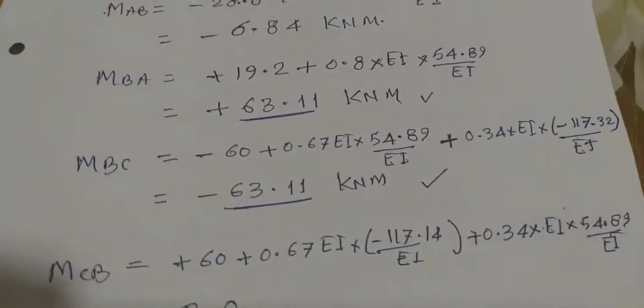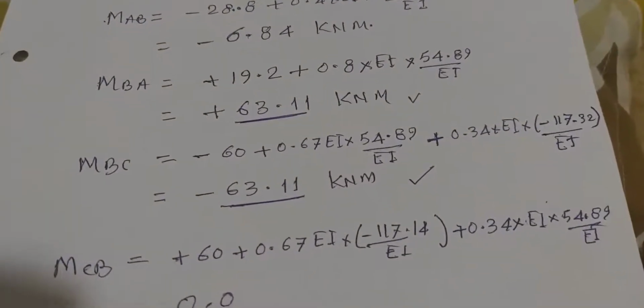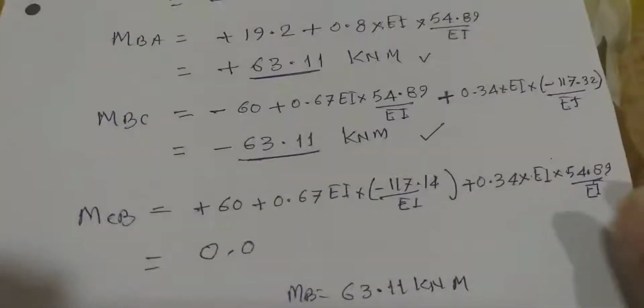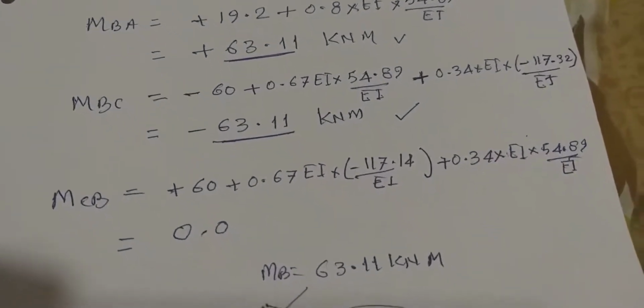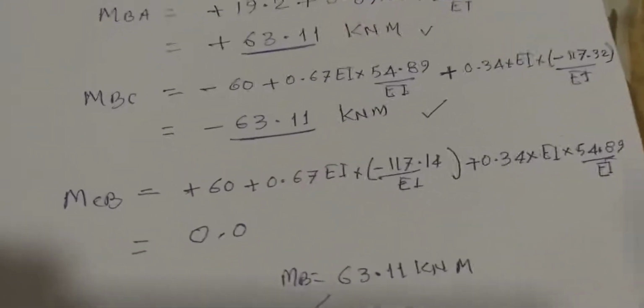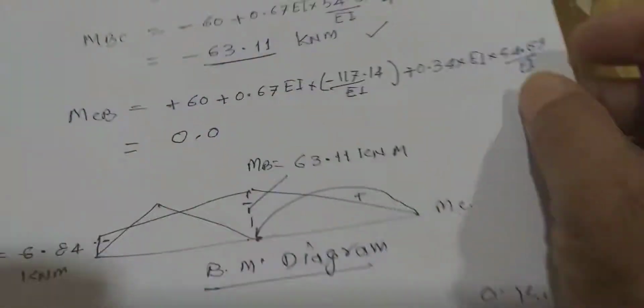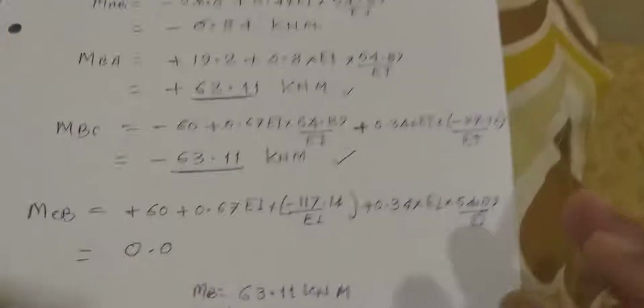Yes, it comes out to be minus 63.11 kilonewton meter, and if we substitute the values for CB, it comes out to be 0. So all our calculations say yes, our results are correct.